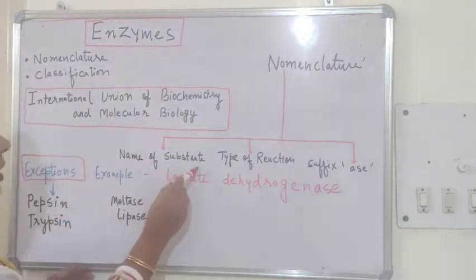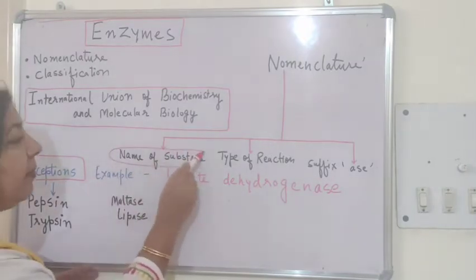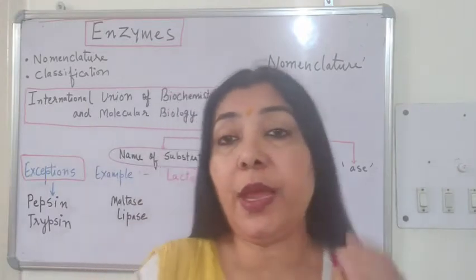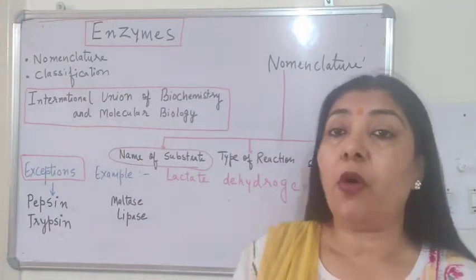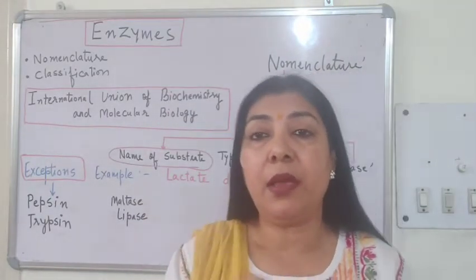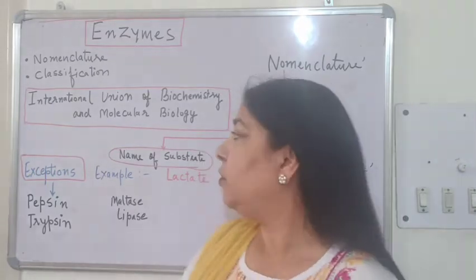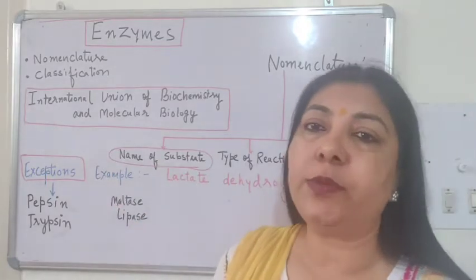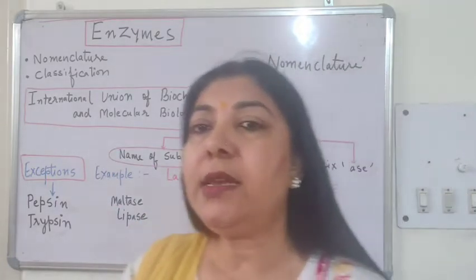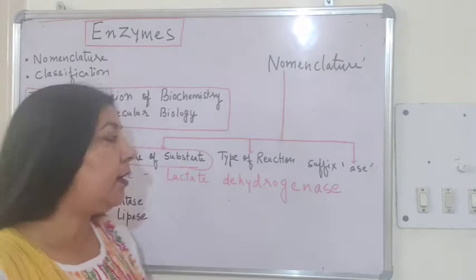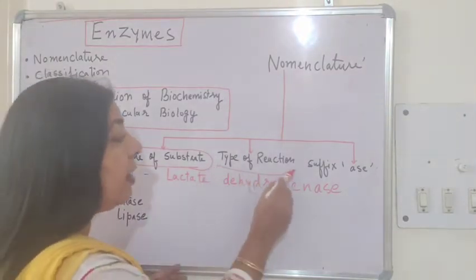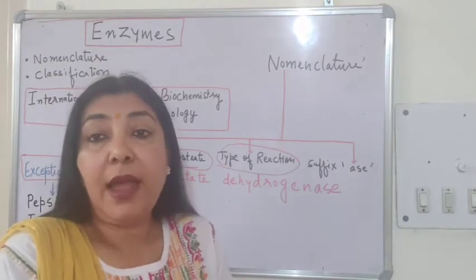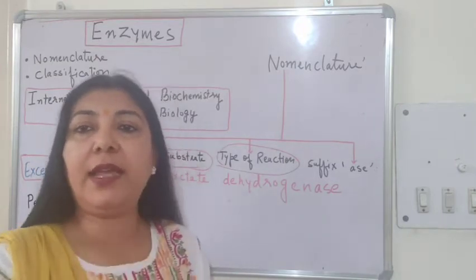The first part is whenever we name any enzyme, the name is with respect to the substrate on which that enzyme is active. So the first part of the nomenclature is the name of substrate. Then the second part of the nomenclature is the type of reaction that enzyme is guiding, that is catalyzing.